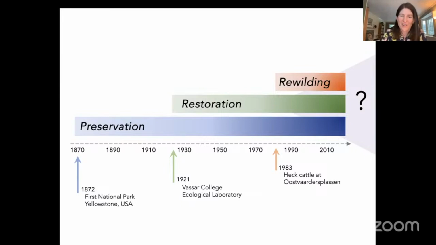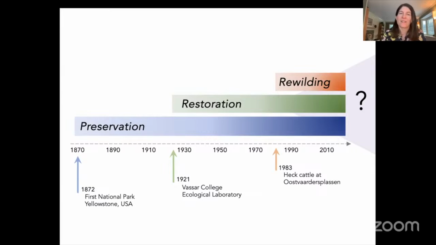Over the 20th century and over this timeline, we can see three big shifts in the practice of restoration. The first is a shift from restoring single species to an emphasis on groups of species, or what we now call ecosystems.